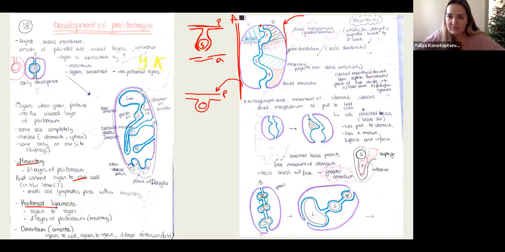At the back, somewhere here, is your posterior body wall. And I really want you to see that the stomach is the only one in the embryo that has connections to both. Do you see? There is a dash line here connecting the stomach to the posterior body wall, and there is a dash line here connecting the stomach to the anterior body wall. So of course, these are mesenteries.